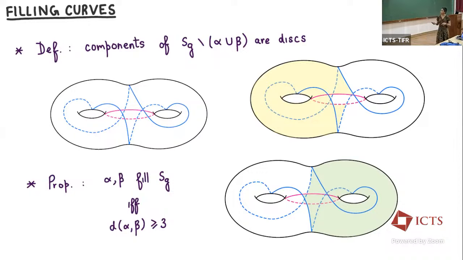So the first definition we have here is that we say that two curves alpha and beta fill up the surface S_g if, when we cut the surface S_g along the two curves, we end up with components which are topological disks. For example, if I look at my blue and the pink curve here, this pair of curves was given by Thurston, and if I cut along these curves here, we'll end up with two octagons.